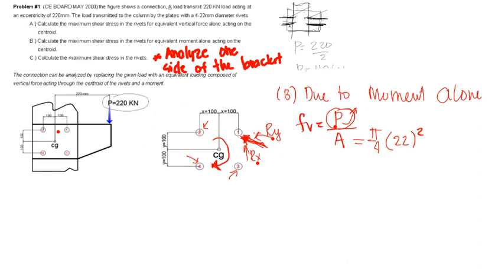And then, kukunin natin yung resultant na R. So, yung resultant na R, yun yung ating load due to moment alone. Yun yung isa-substitute natin dito sa formula to solve for the shear stress.